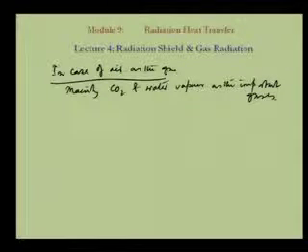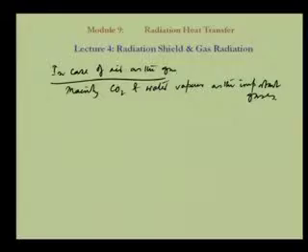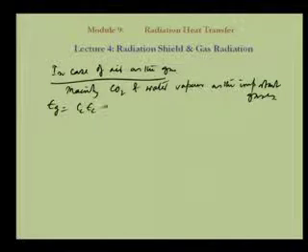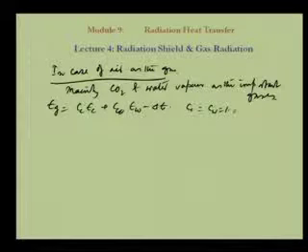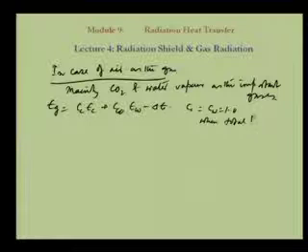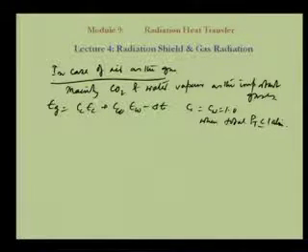The other gases, oxygen and nitrogen, do not participate in the radiation part. So, epsilon g will be C_C epsilon_C plus C_W epsilon_W minus delta epsilon. This C_C and C_W are equal to 1 when total pressure P_T is less than or equal to 1 atmosphere. Then this correction is not needed, fine.